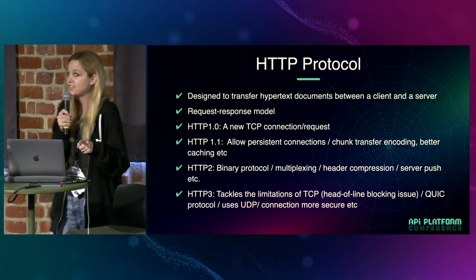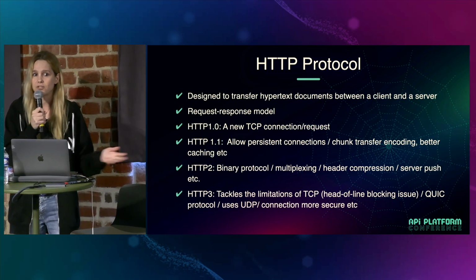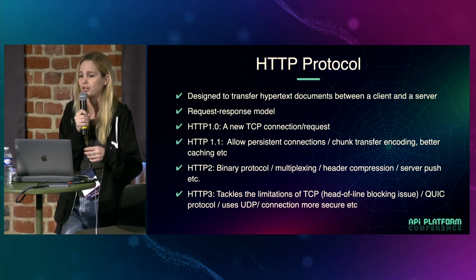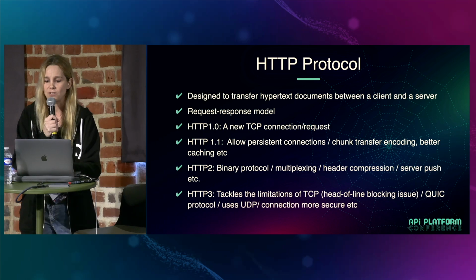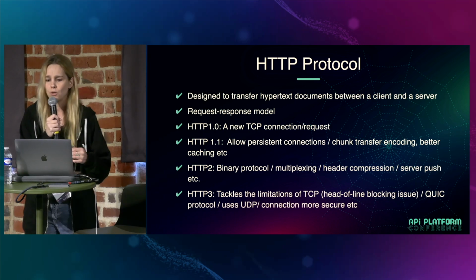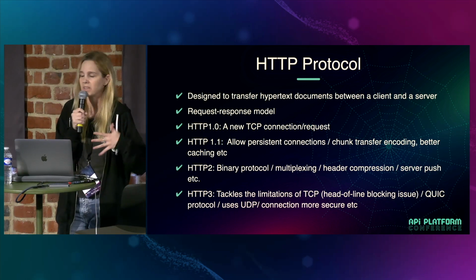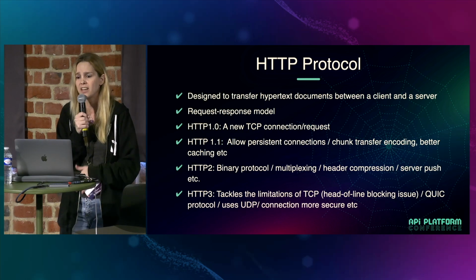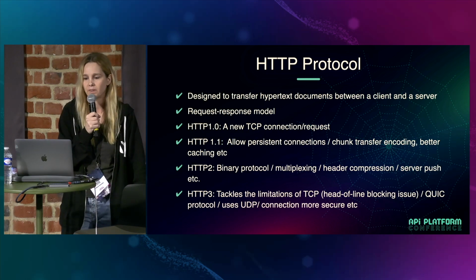So HTTP 1.1 fixed a lot of these issues by allowing persistent connections. Multiple requests and responses could happen over a single connection. It also added things like chunked transfer encoding and better caching, making it more efficient.